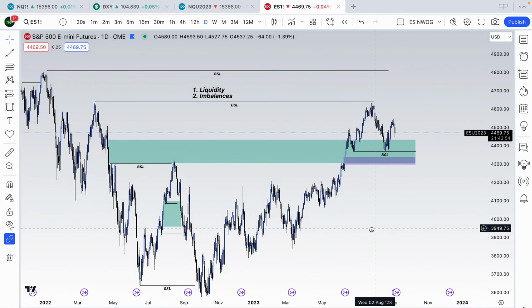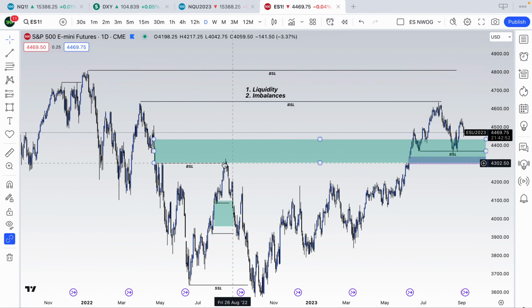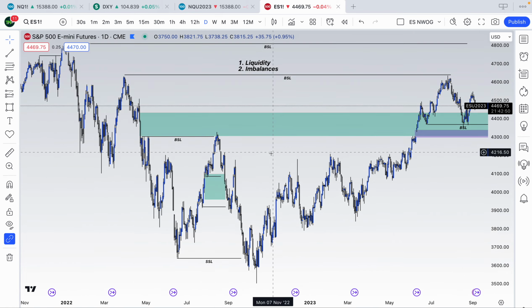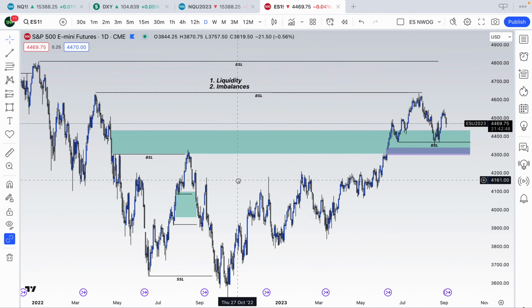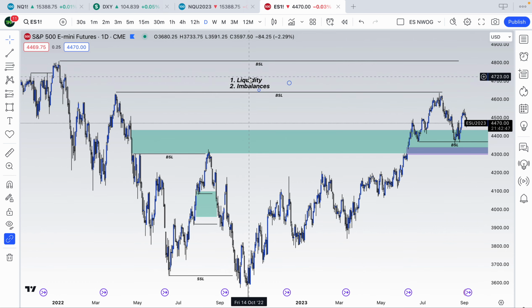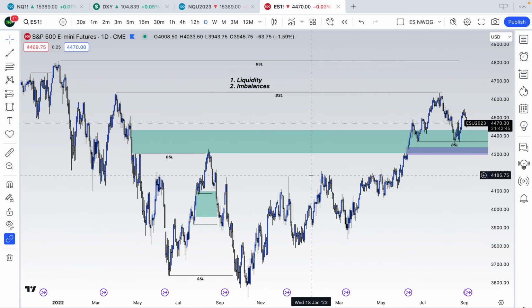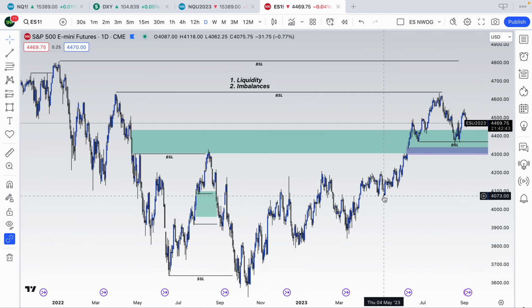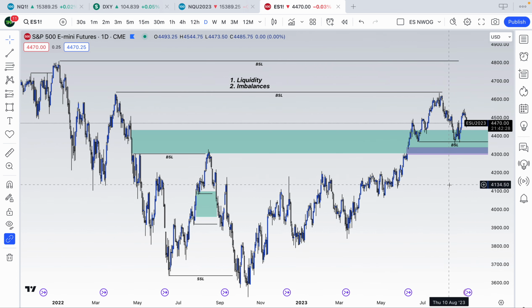But yes. So if we are just on the basics level, you want to understand liquidity and imbalances. Go in your charts, whatever market, it does not matter what market it is. If you are bonds, gold, futures, indexes, forex, stocks, you're going to start seeing this.